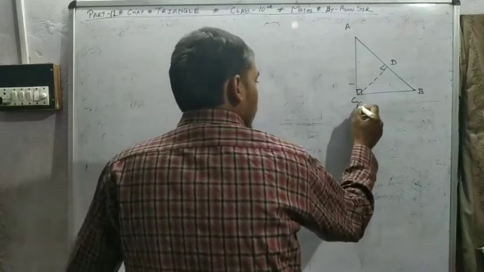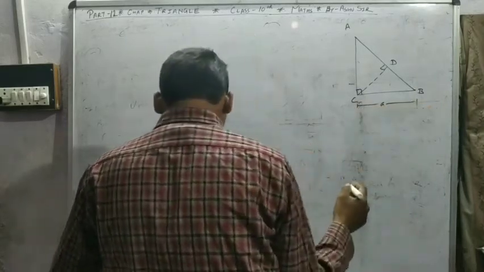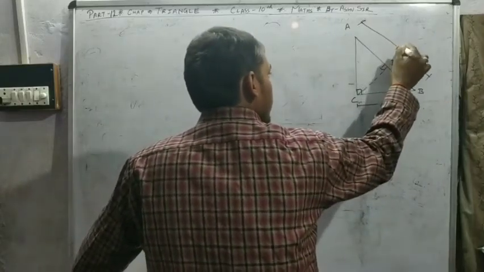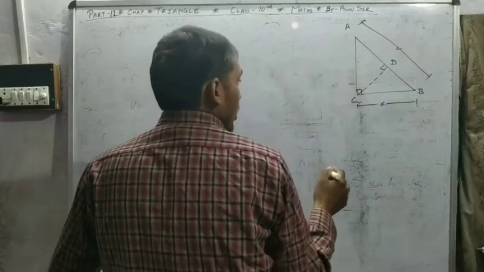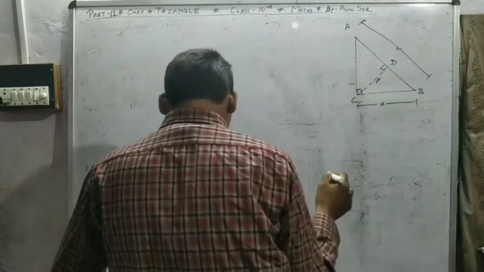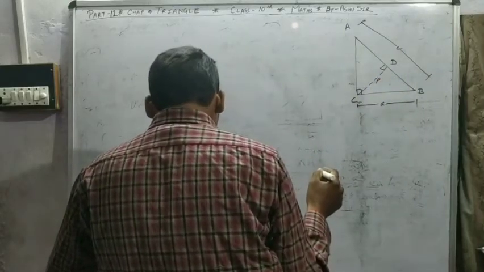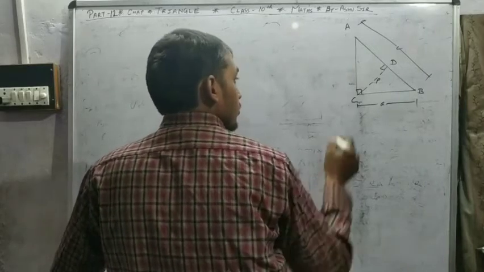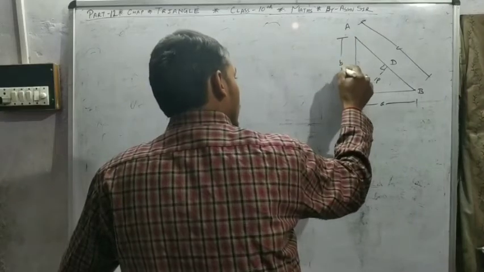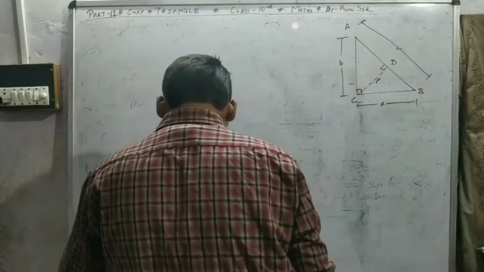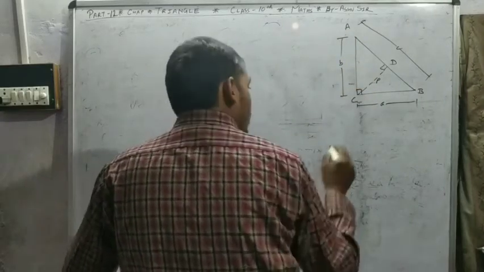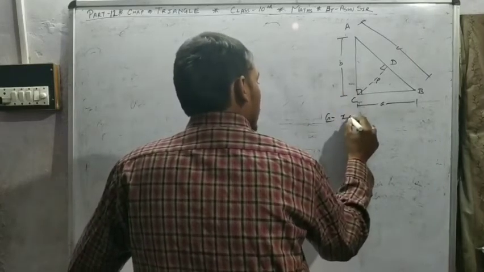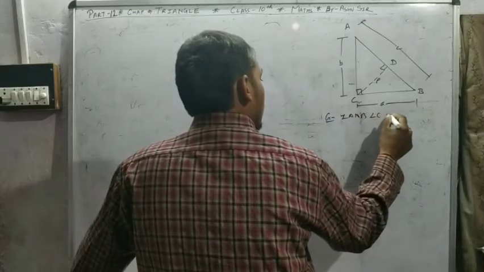BC is equal to A. AB is equal to C. CD equal to P. AC is equal to B. Then prove that there is a given part in triangle ABC, angle C is equal to 90.